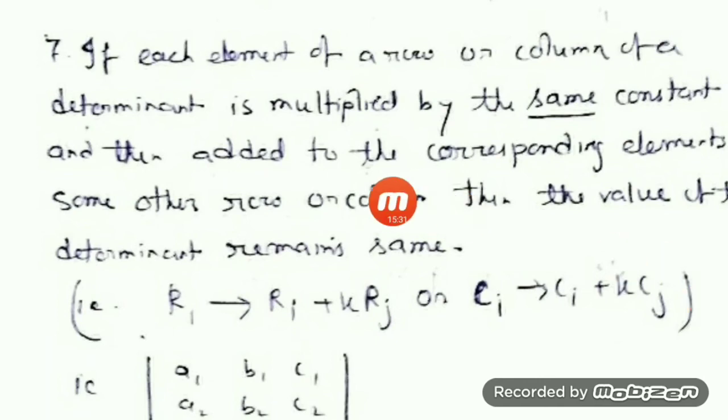Next, which is a very important property, you have to use this property frequently. If each element of a row or a column of a determinant is multiplied by the same constant and then added to the corresponding elements of the other rows or columns, then the value of the determinant remains the same. So what does it say?